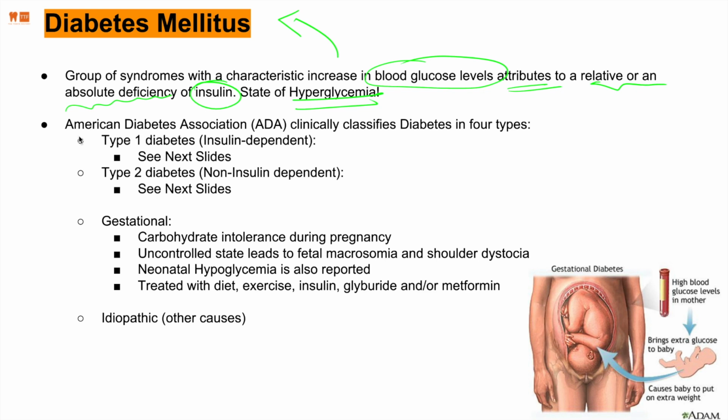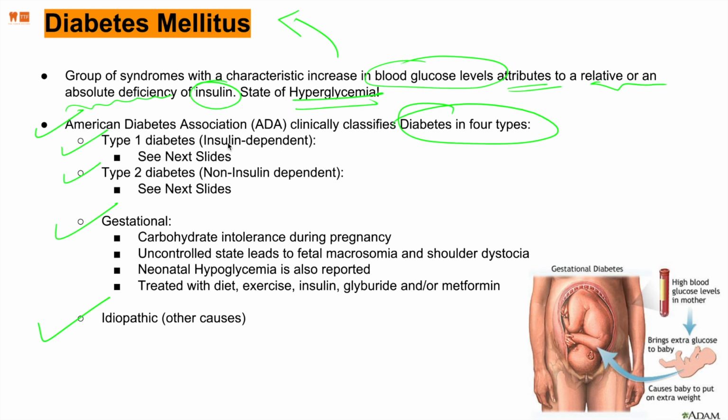The American Diabetes Association, ADA, not American Dental Association, classifies diabetes into 4 types. There's type 1, type 2 diabetes mellitus, gestational diabetes, and then idiopathic, which is just other causes that cause diabetes.